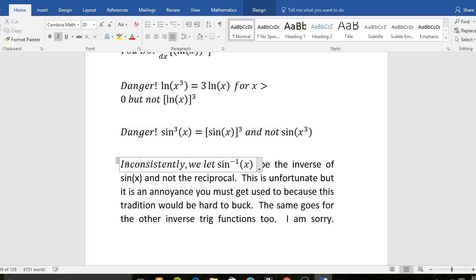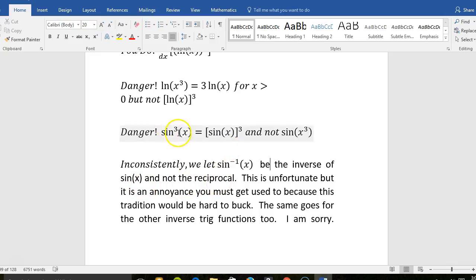And now here's the bad news as far as consistency goes. It's not really bad news, it's just a headache, a nuisance. You know how sine squared really does mean the square of the sine, and sine cubed really does mean the cube of the sine? The exponent -1 is the only one where we violate that idea. Unfortunately, we let sine^-1 of x be the inverse of the sine and not the reciprocal, as we feel like it ought to be.